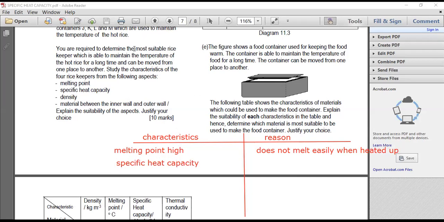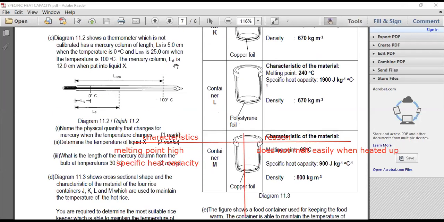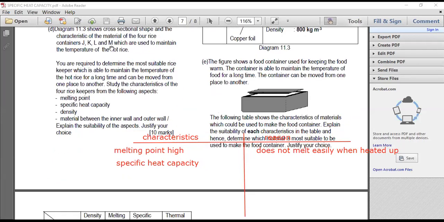For this container, the specific heat capacity must be high. The reason: does not become hot easily. Because if it becomes hot easily, that means you cannot hold the container.